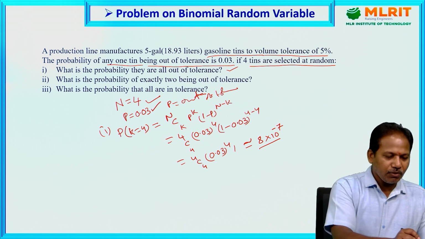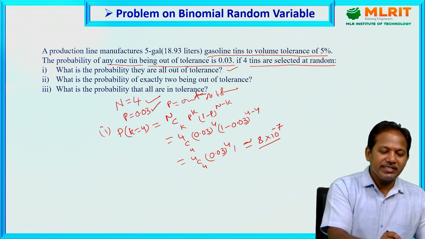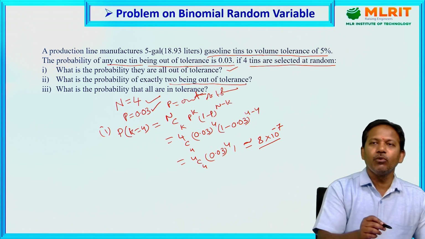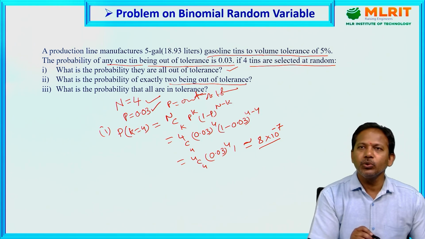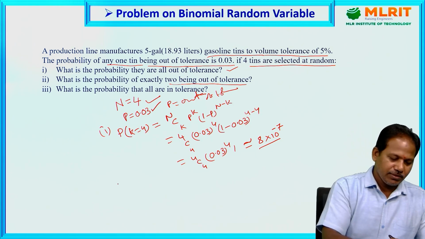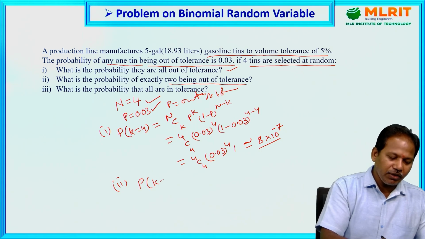Next one, what is the probability of exactly 2 being out of tolerance? Only 2 tins are out of tolerance. So we need to find P of K equal to 2.